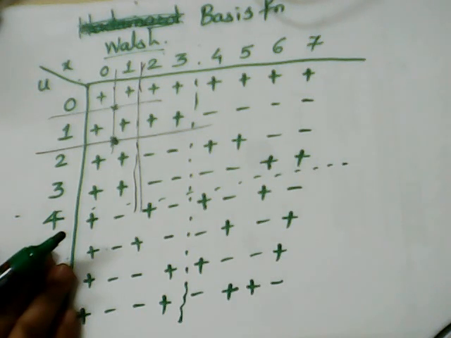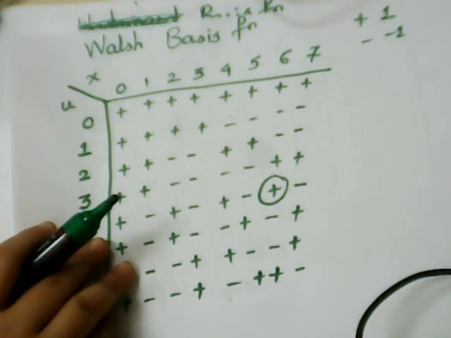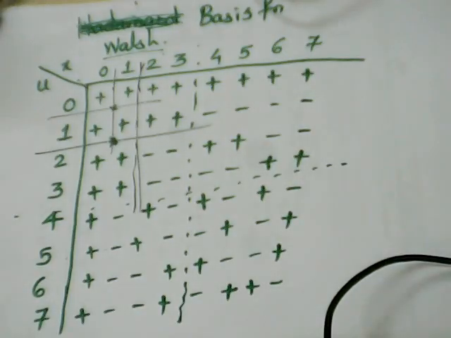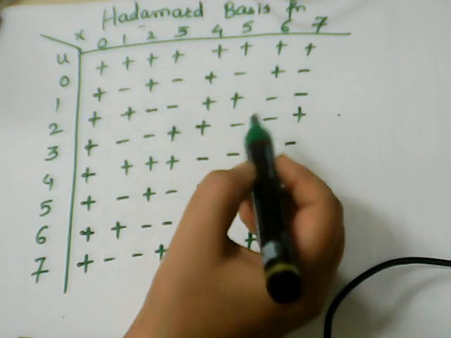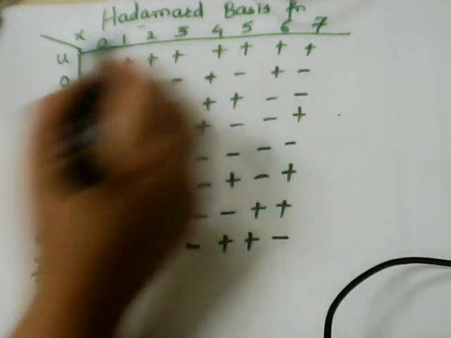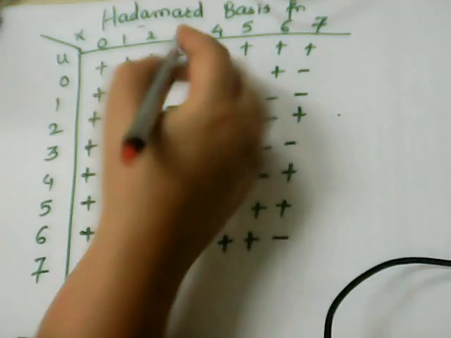So this one, same, plus 4 plus, second row 4 plus 4 minus, third row 2 plus 2 minus, 2 plus 2 minus. So this is Walsh. Now we are seeing the Hadamard basis function. So how to remember? There is a clue to remember this basis function, and there is a hidden property of the Hadamard basis function.